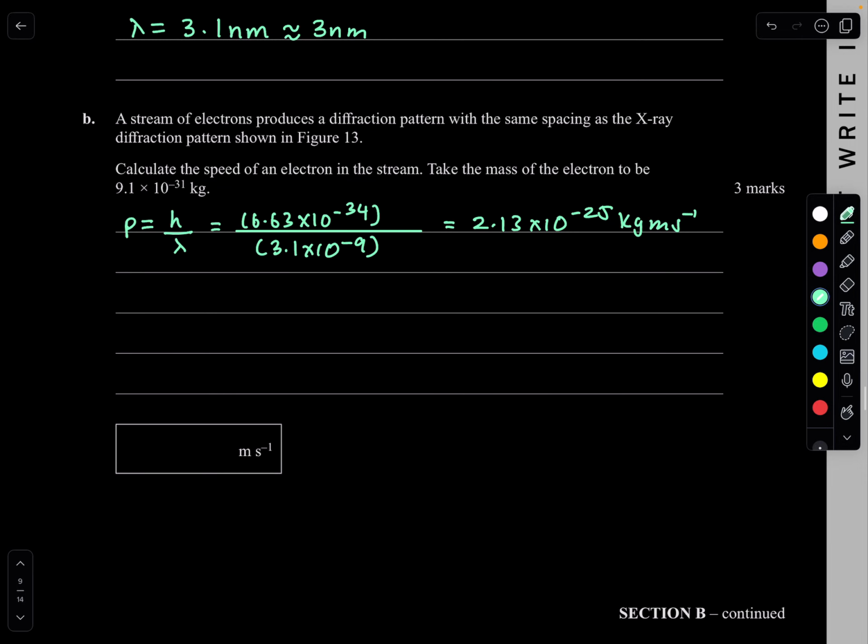Now remember momentum is mass times velocity, so velocity is your momentum over your mass. Our momentum, the one we calculated, is 2.13 times 10 to the negative 25, divided by the mass of an electron, which is 9.1 times 10 to the power of negative 31.